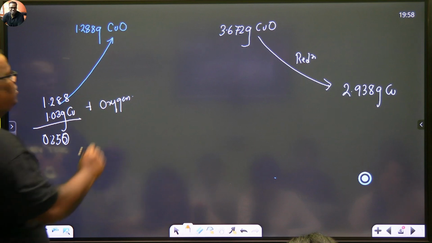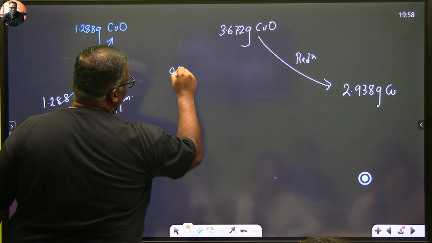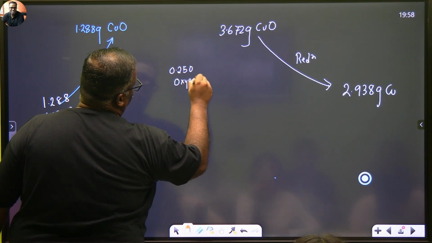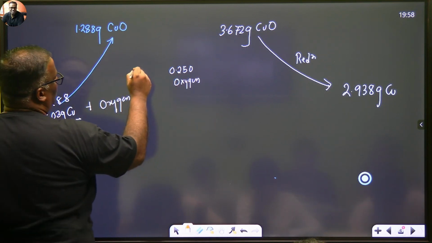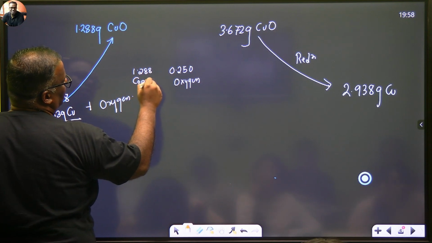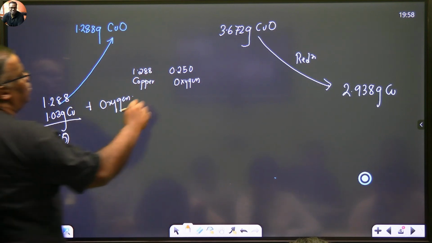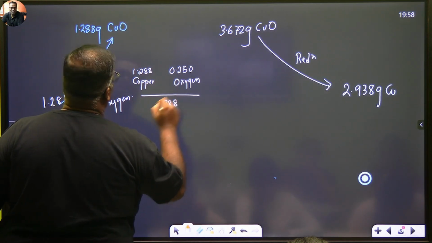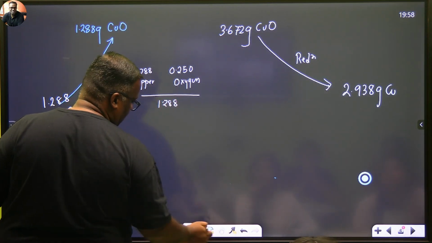So we are having 0.250 parts of oxygen, right? And we are having 1.288 parts of copper. And what is the net mass? 1.288. Sorry, I made some mistake.